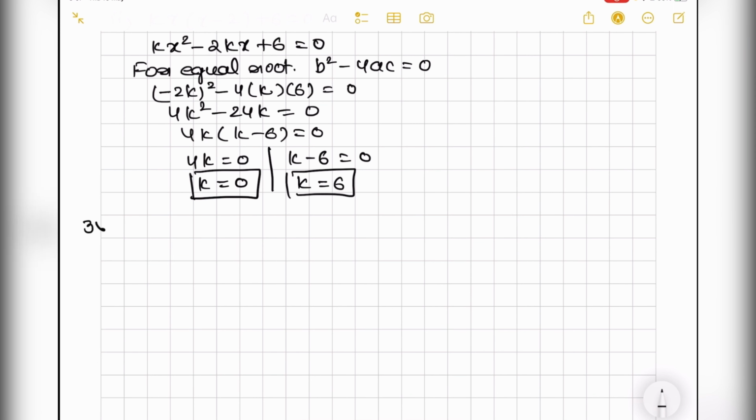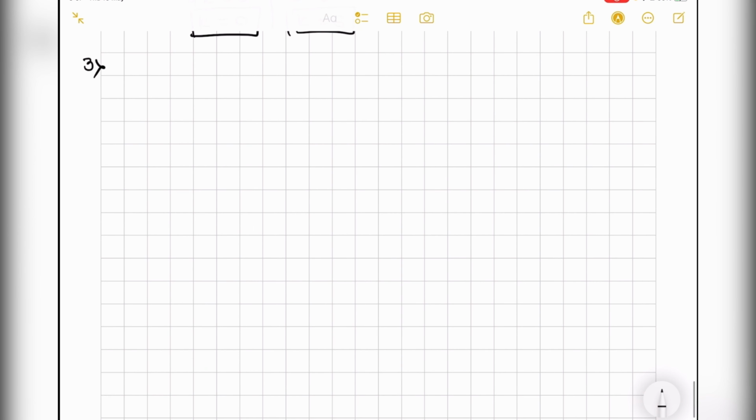Coming to the third question, he is asking us, is it possible to design a rectangular mango grove whose length is twice its breadth and the area is 800 meters square? If so, find its length and breadth.